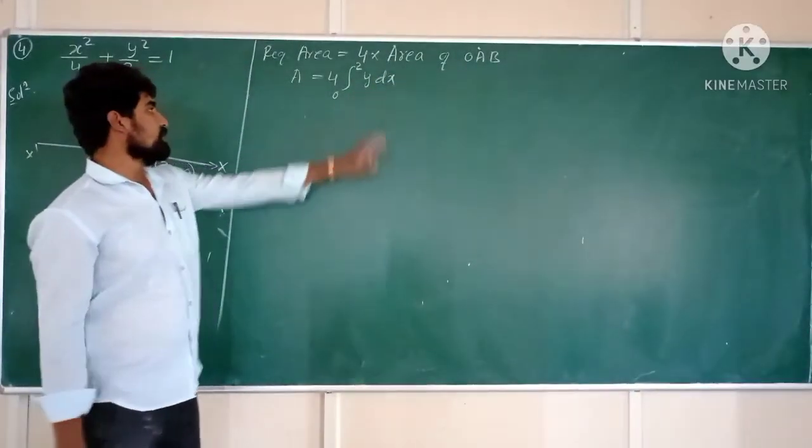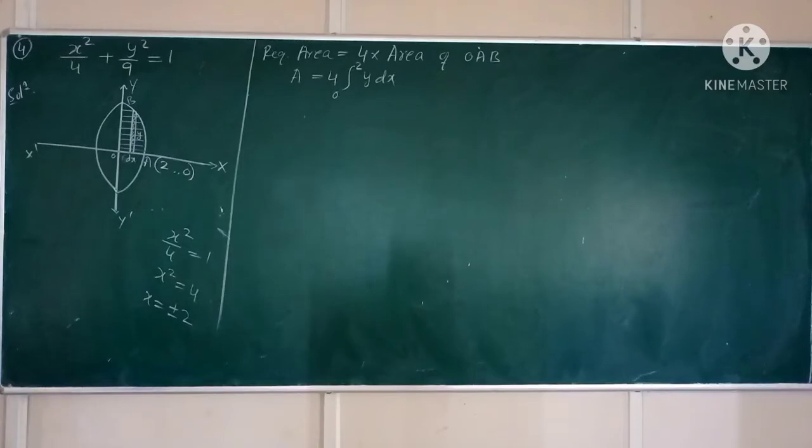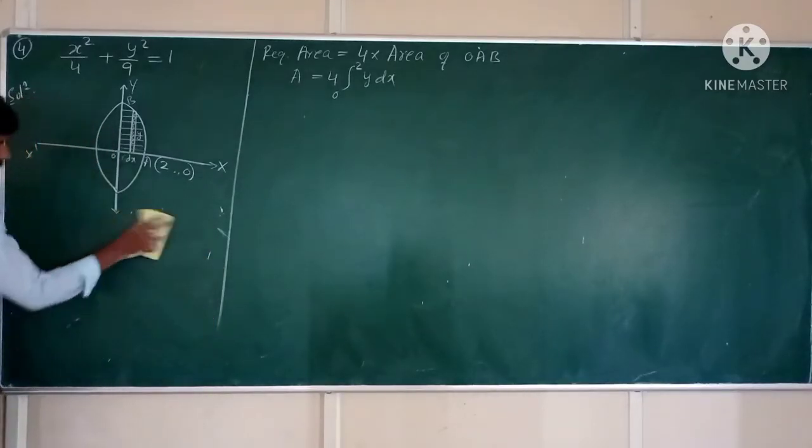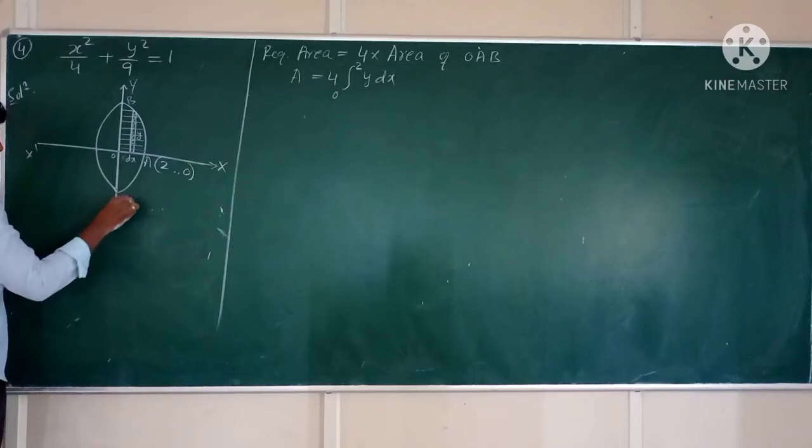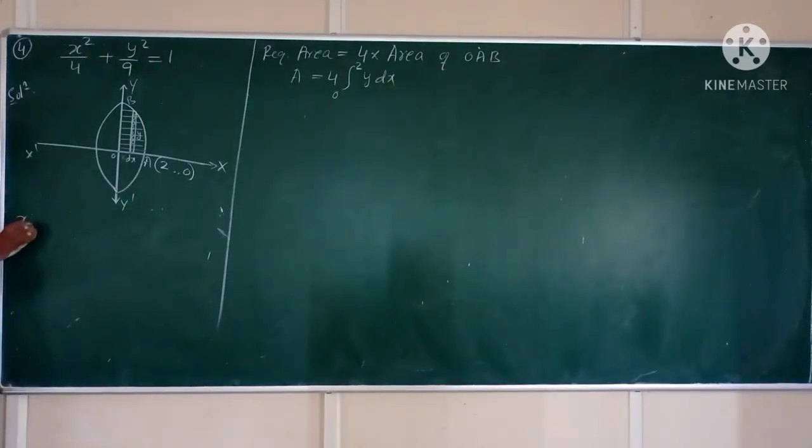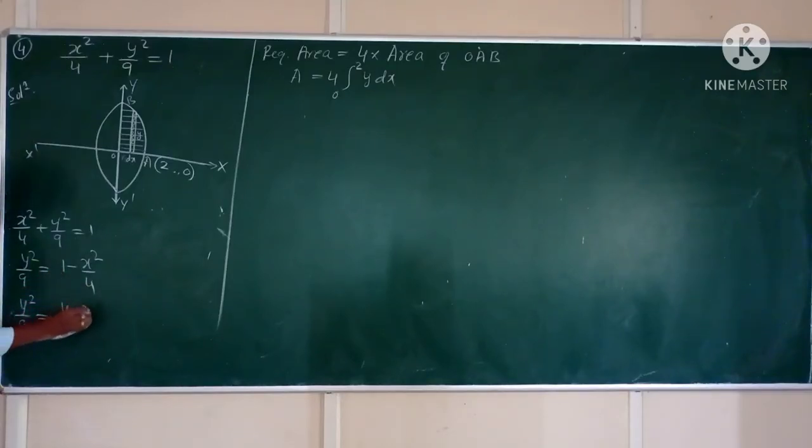Now the value of y is obtained from the given equation of the ellipse. The given ellipse is x square by 4 plus y square by 9 is equal to 1. We need to find out the value of y. Therefore, y square by 9 should be equal to 1 minus x square by 4. The LCM is 4 here, so 4 minus x square divided by 4.